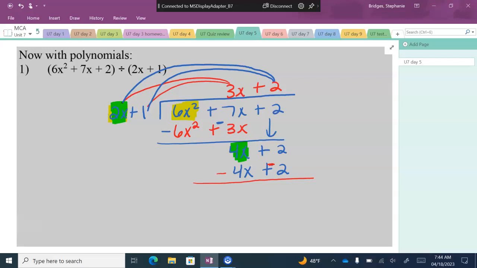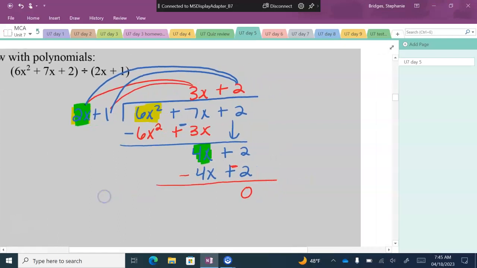Okay, 4x and negative 4x disappear. What do 2 and negative 2 also do? They disappear. They cancel out. So my remainder this time is 0. Well, if your remainder is 0, you do not have to include it. So your quotient, the answer to your division problem, is going to be the 3x plus 2. There is no remainder to add behind it, so we just leave our answer like that.